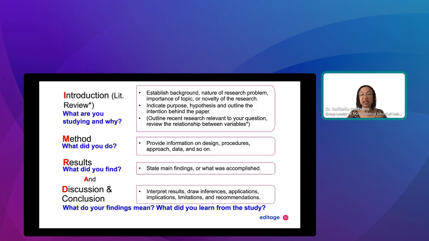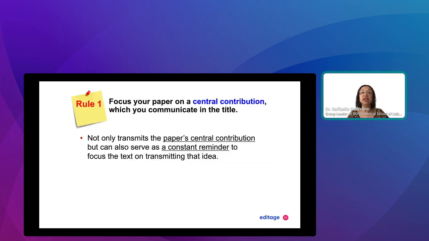And finally, you wrap it up with a discussion and the conclusion. So, what your findings mean and what did you learn from this study? And this is actually the structure of a research paper, which is very similar, and you can follow it also to write your thesis proposal.